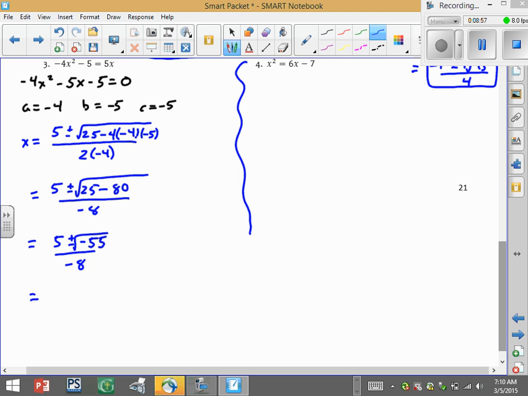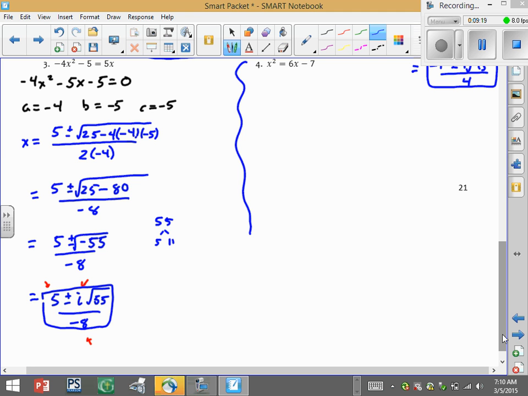And 55 will break down into 5 and 11, but we can't go any further than that. But the one thing we can pull out is the i. The square root of 55 over negative 8. Here, you look at the 3 pieces, the 5, an i, and a negative 8. Nothing that we can divide through all of those, so our final answer is right there.